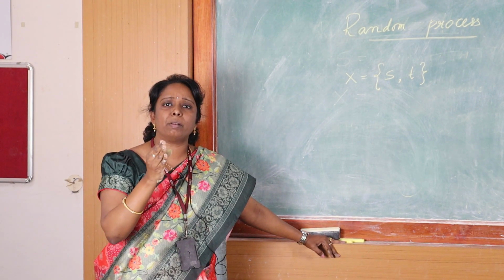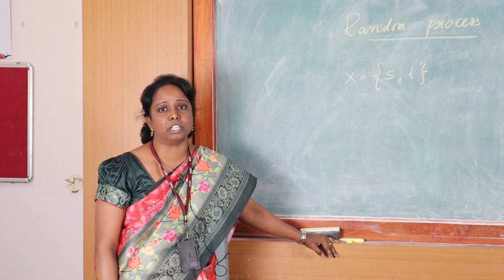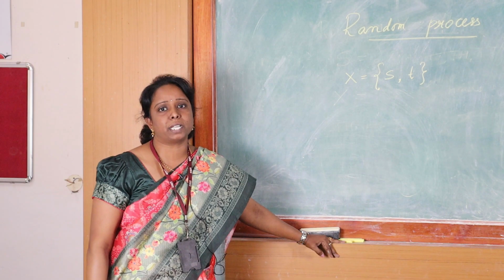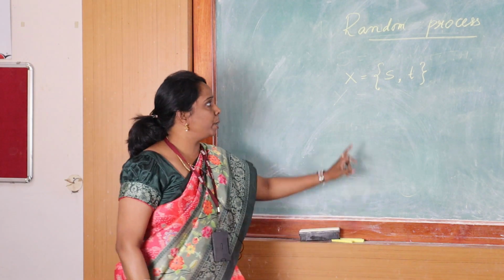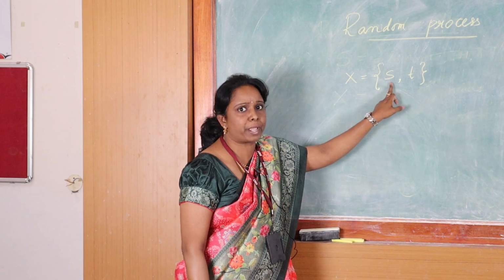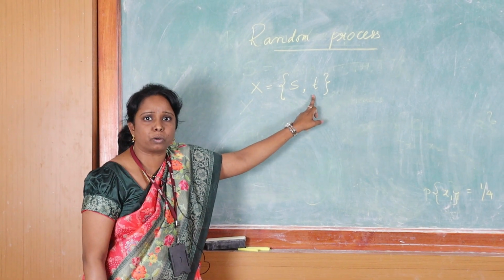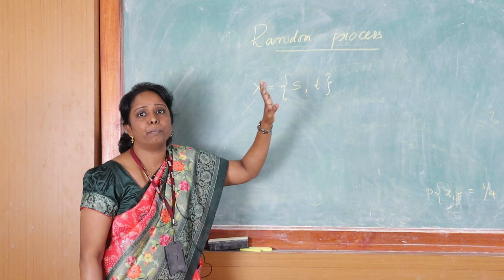The temperature will be varying with respect to time, from second to second, minute to minute. Such an example is the best example for the random process. So random process is a function of both sample space as well as time. If a random variable varies with respect to time, it is called random process.